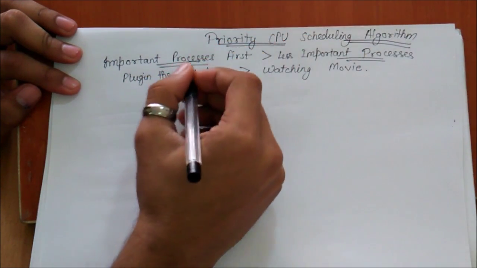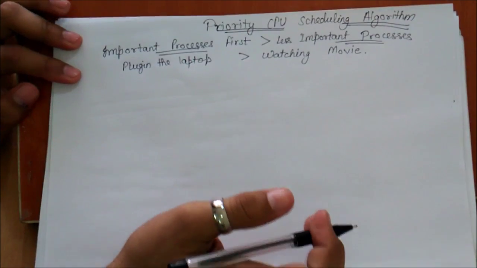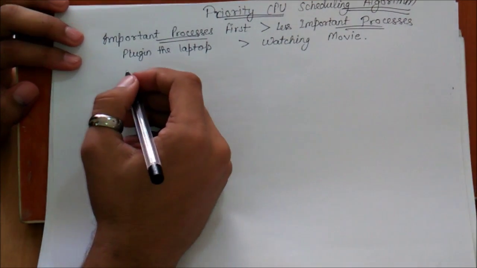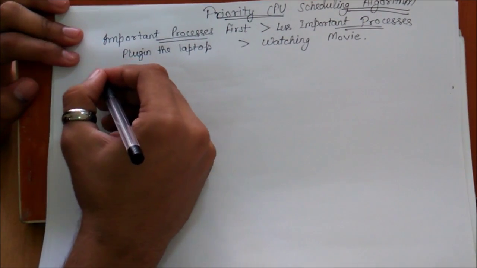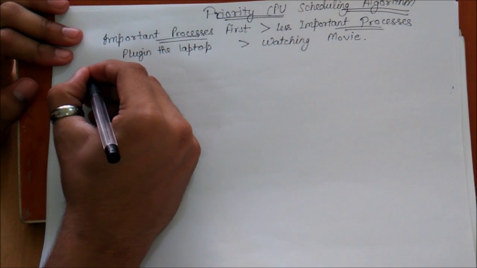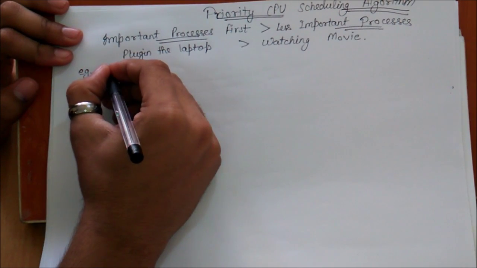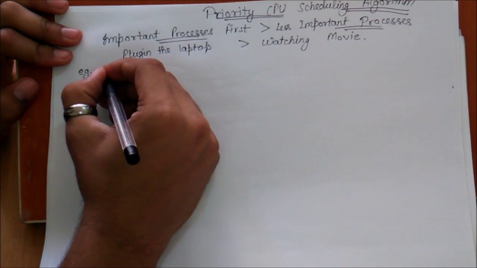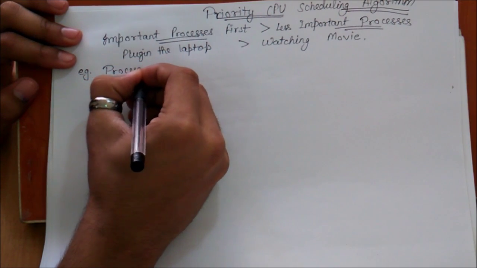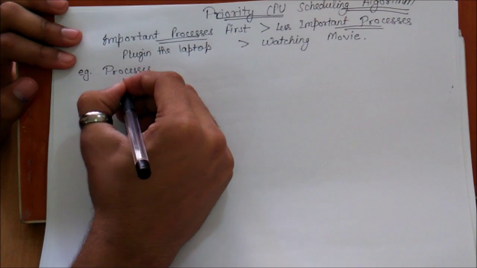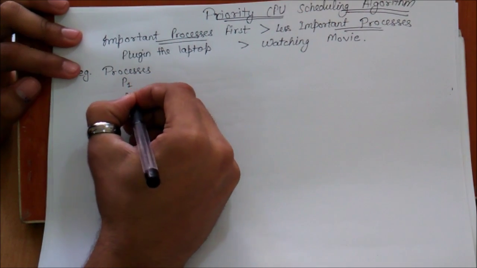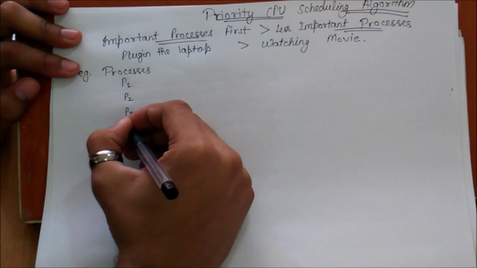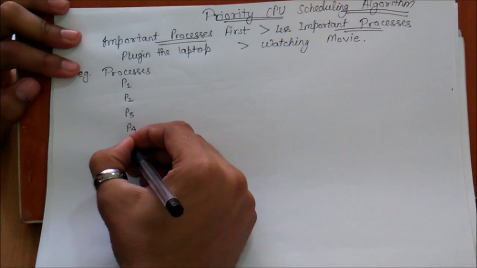This brings in the concept of priority, which was not available in the previous FCFS or SJF. Let us now consider it with an example, the same example but with the priority column included. So we have the 5 processes P1, P2, P3, P4 and P5.